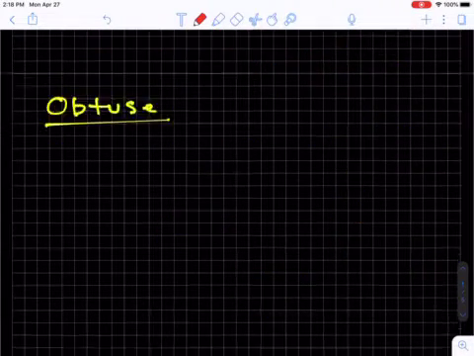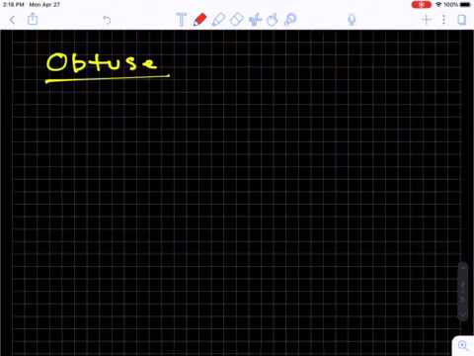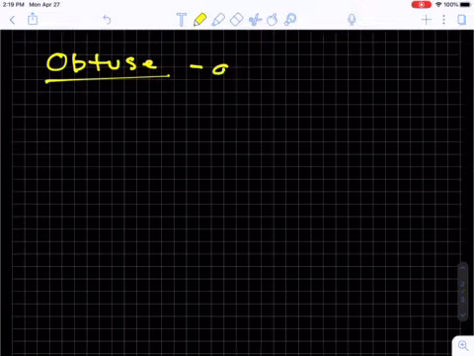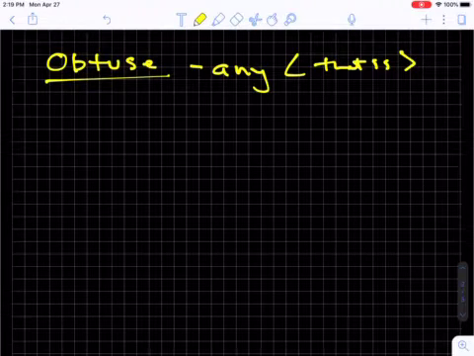All right, now let's talk about obtuse angles. An obtuse angle is, for our purposes, any angle that is greater than 90 degrees. Pretty much when we talk about angles, we're not going to be dealing with anything larger than 180.